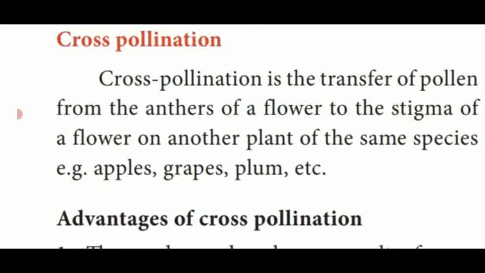That type of pollination is known as cross-pollination. Flowers are different, but plants are the same species, isn't it? So, that is said to be cross-pollination. Example: apple, grapes and plum plants showing the cross-pollination method.